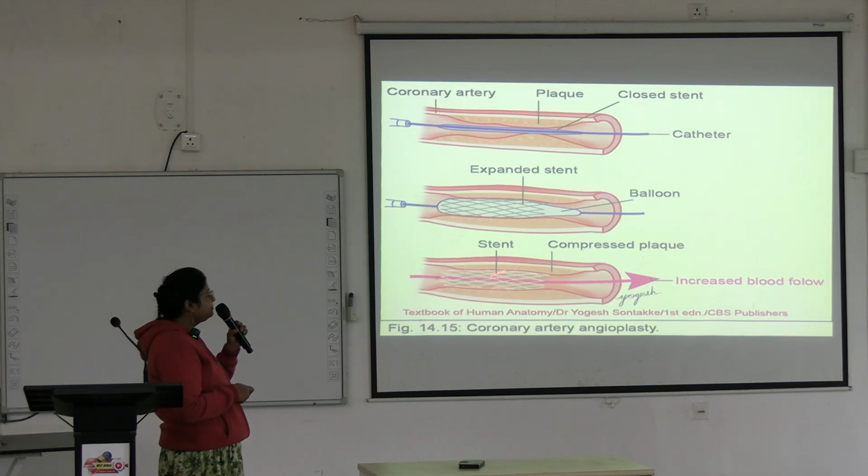Stent is made of this mesh. Stent is kept here, and the balloon is deflated, and you can see the blockage is removed through this stenting process. This is known as coronary artery angioplasty, and blood flow is recovered.